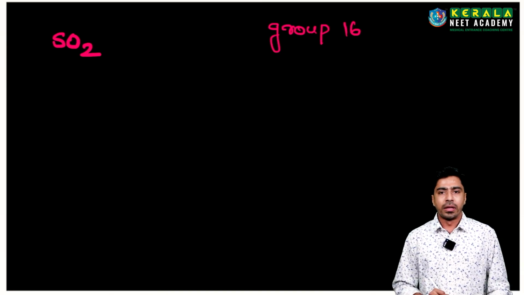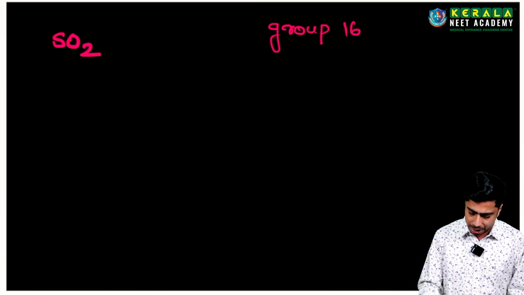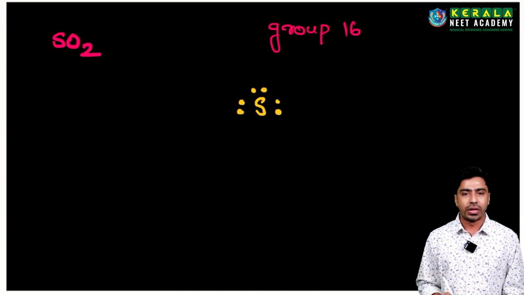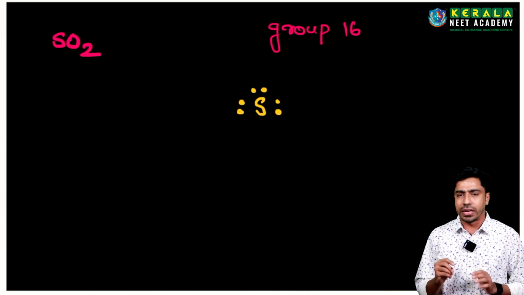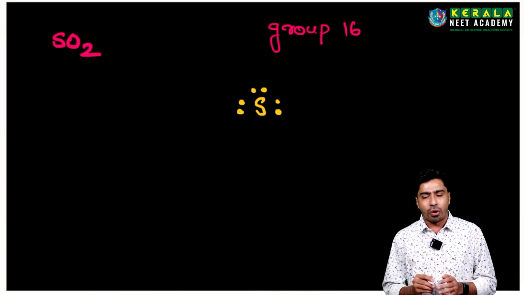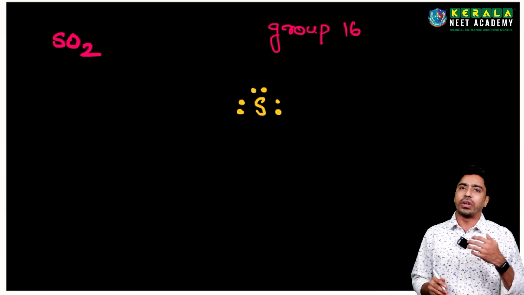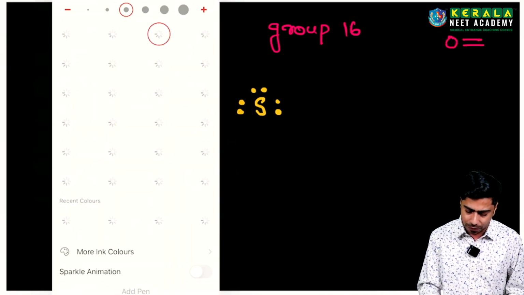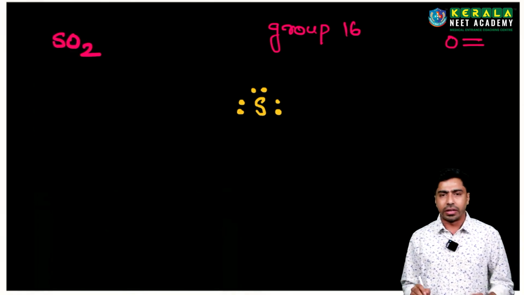Group 16 means sulfur atom will be having 6 valence electrons: 1, 2, 3, 4, 5, 6. So sulfur atom comes with 6 valence electrons, and now oxygen atom has to make bond with this sulfur. And you know that oxygen atom will always make double bond with the central atom.